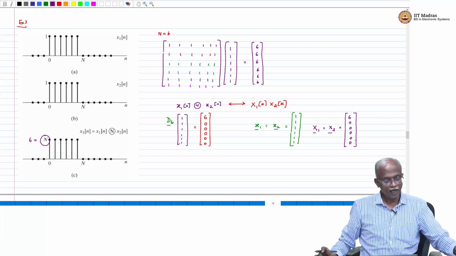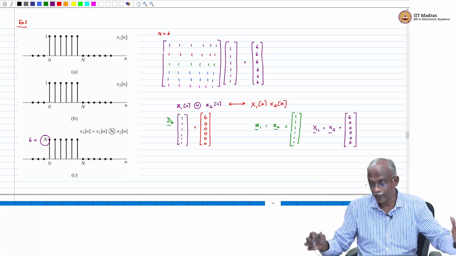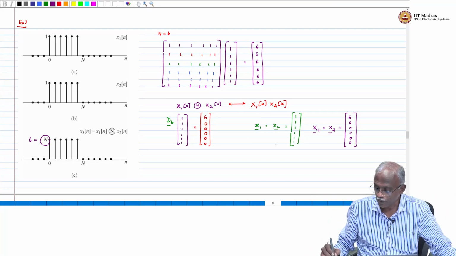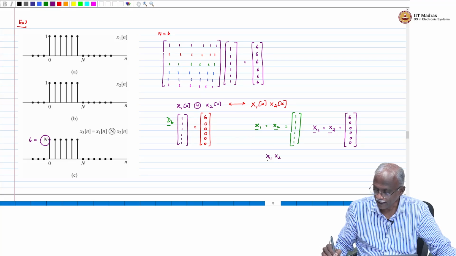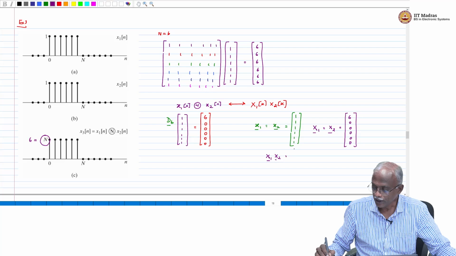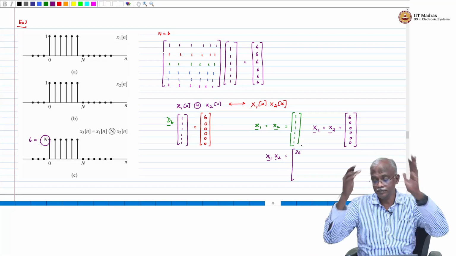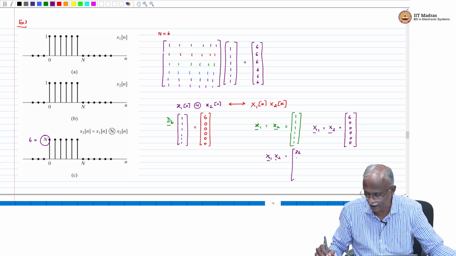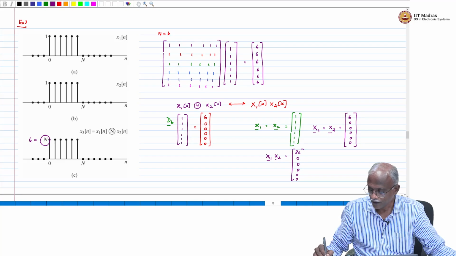Now, if you were to multiply the DFT of x1 and the DFT of x2, what will you get? This will be equal to 36, basically those two samples multiplying each other, then 0, 0, 0, 0, 0.